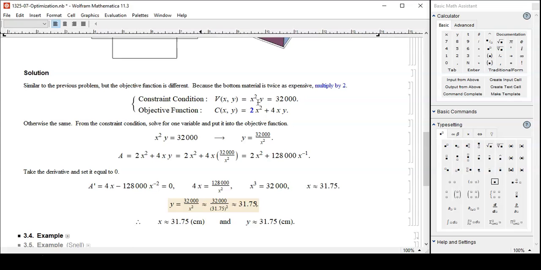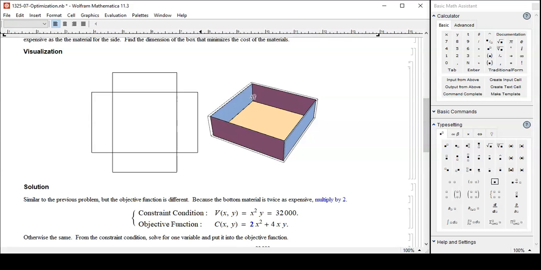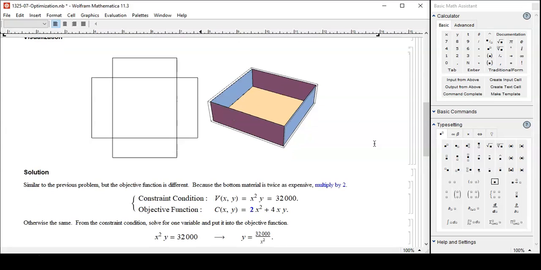What do you mean by twice as expensive? Well, you ended up with 2x squared, so this thing is equivalent to having the top as well. You see, this bottom part is twice as expensive and no top. So equivalently speaking, same materials, same cost, and top as well. That is actually the equivalent situation here.